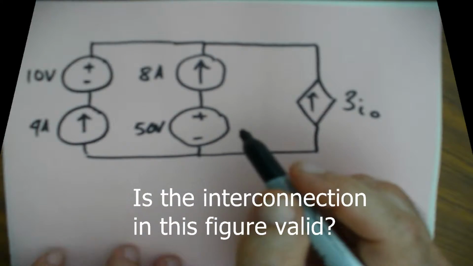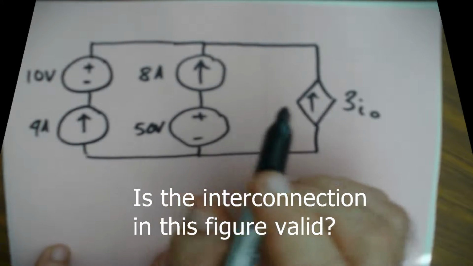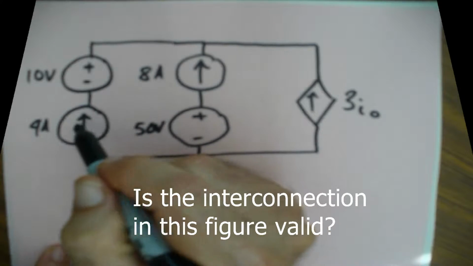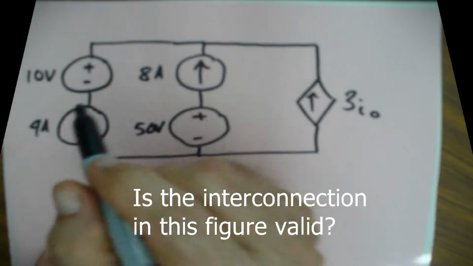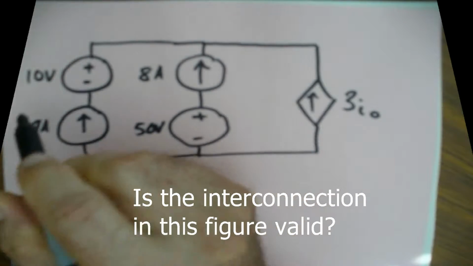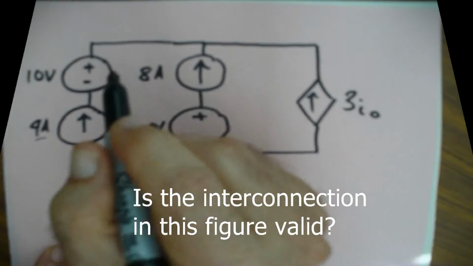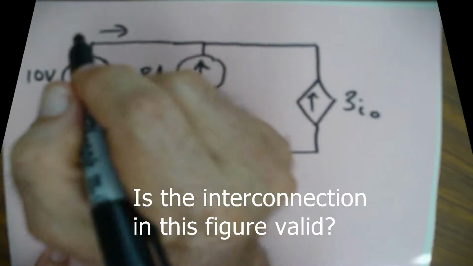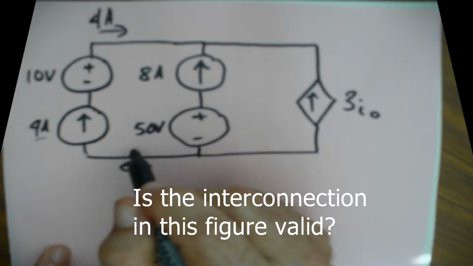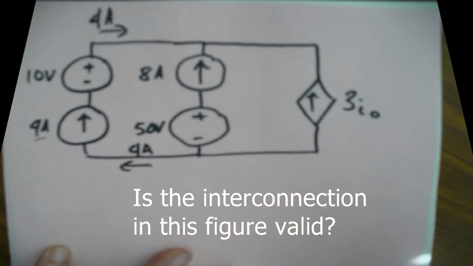One way we can look at this is to make sure everything is going to balance out. We don't know the voltage drop across this current source, but we do know the current through this whole loop right here has to be this value, 4 amps. So everything going here is 4 amperes. This going here is 4 amperes, right?